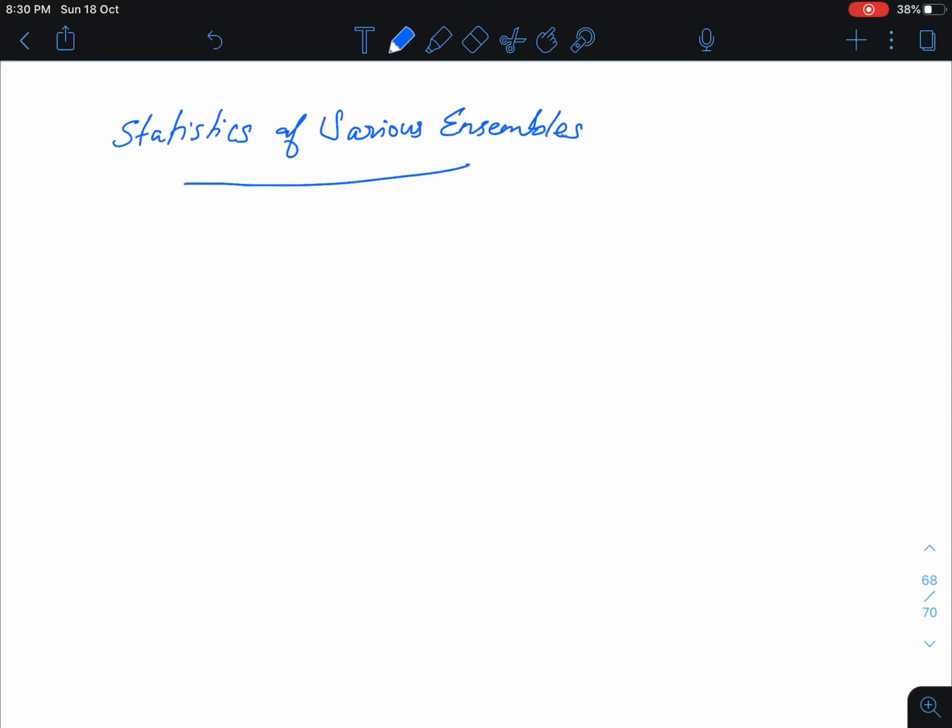So first of all, let us consider the microcanonical ensemble. The first case is obviously the microcanonical ensemble. Okay, so in the microcanonical ensemble, you know that the number of particles is treated to be a constant, and we have a fixed volume, and of course the energy lies in the interval E plus delta by 2 or E minus delta by 2.